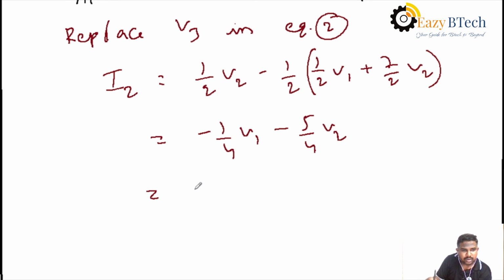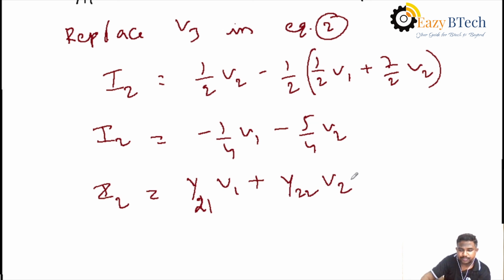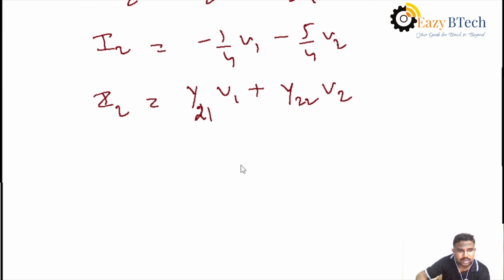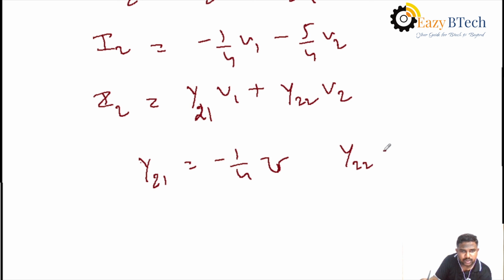Then you can compare the I2 value with the standard equation, that is Y21 V1 plus Y22 V2. By comparing both equations, the value of Y21 is minus 1 by 4 mho. Similarly, Y22 is minus 5 by 4 mho.